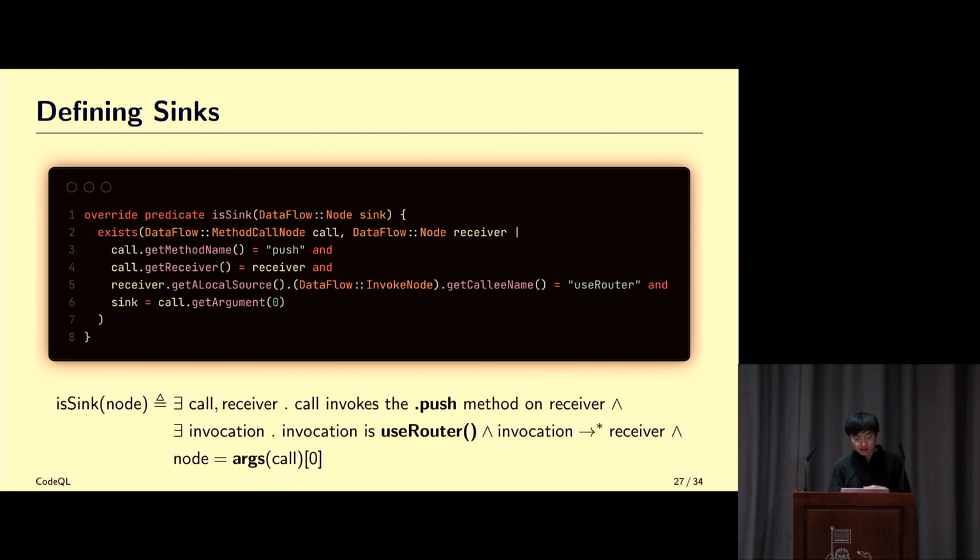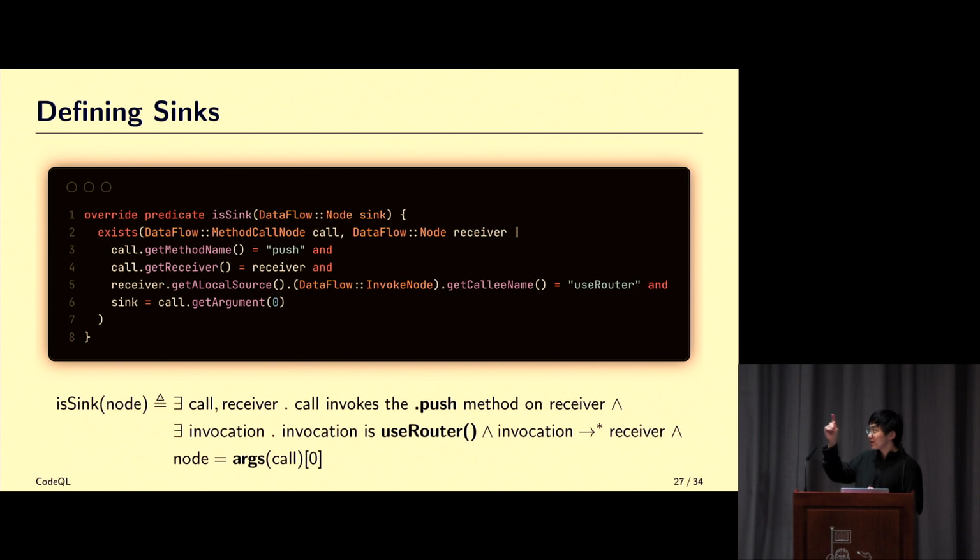And then for isSink, how this works in Next.js is that useRouter returns a router instance, and when you call router.push, that redirects the user, and it does all of that weird URL parsing before it redirects the user to that page.